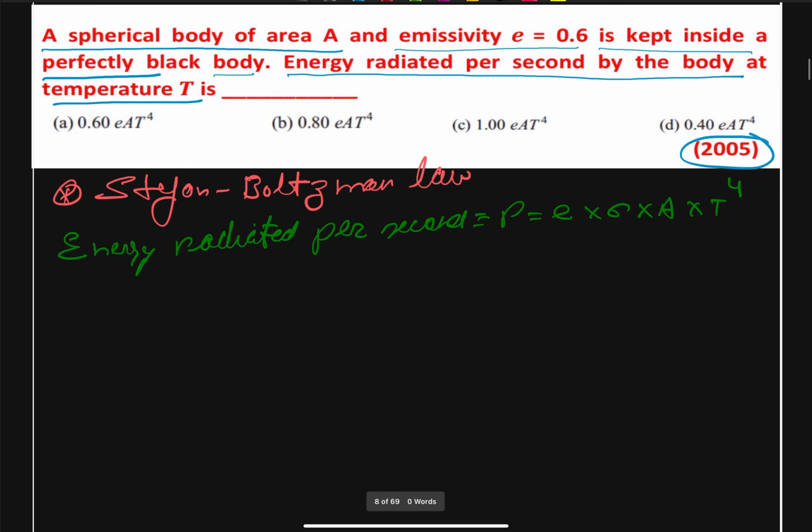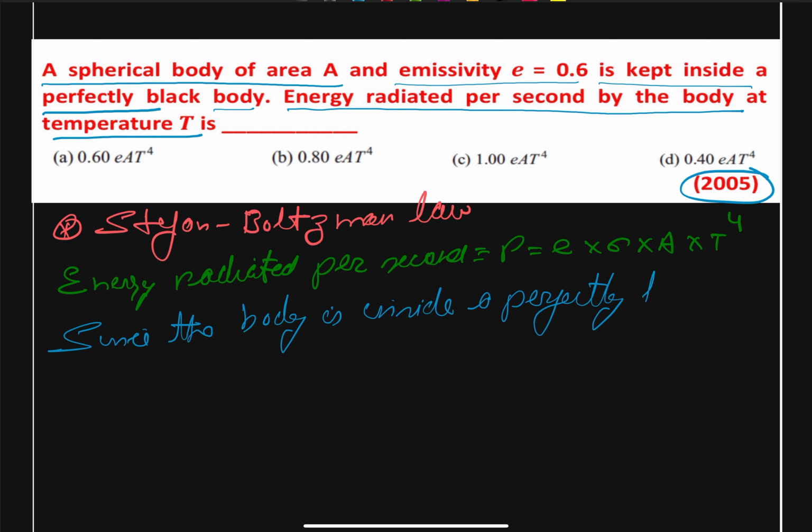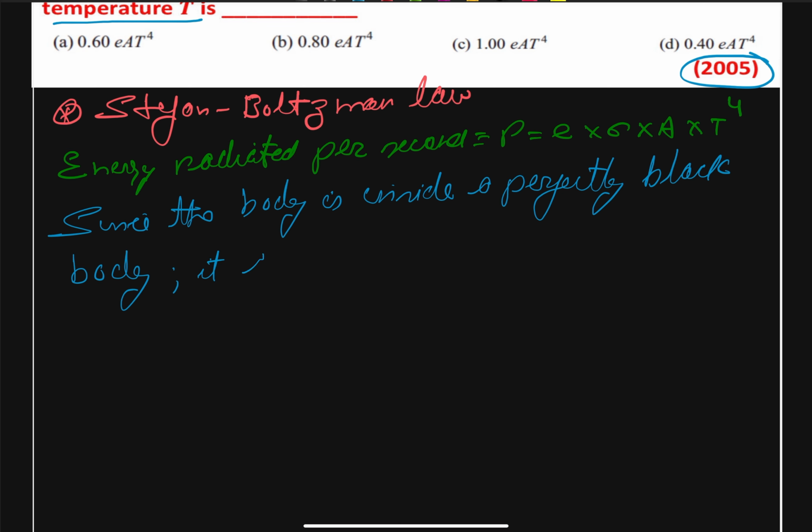So we can use this formula directly. Since the body is inside a perfectly black body, it does not affect the emissivity of the spherical body.